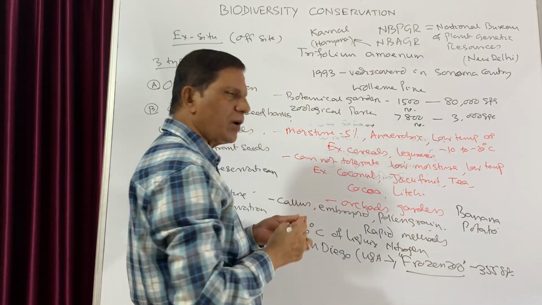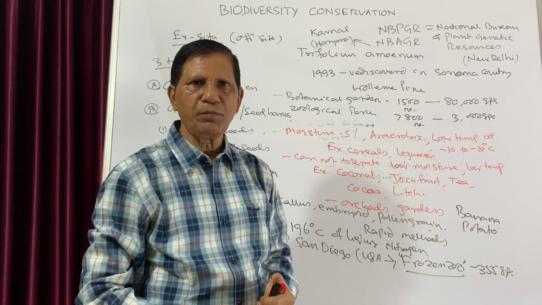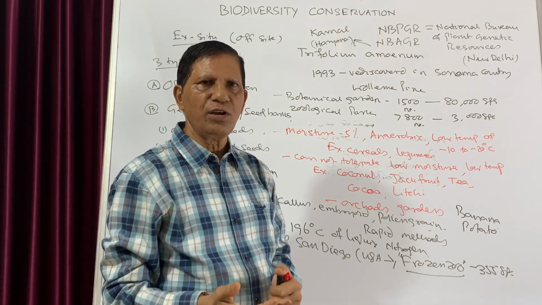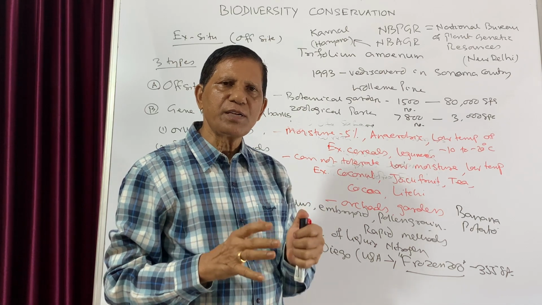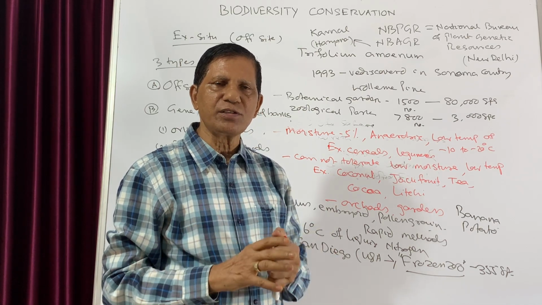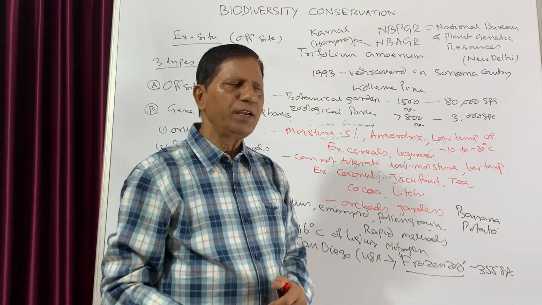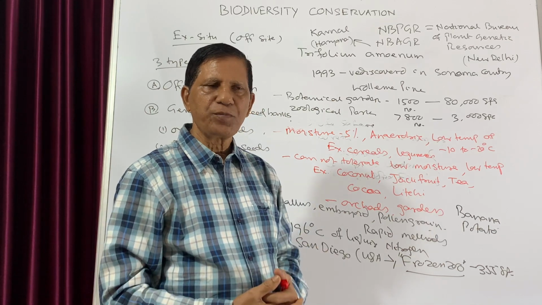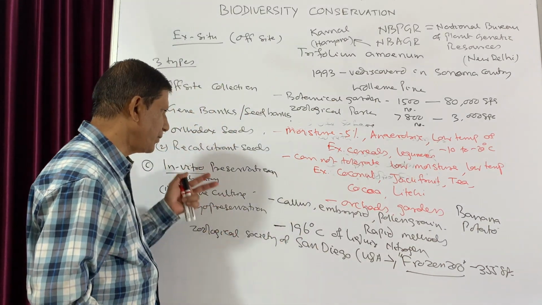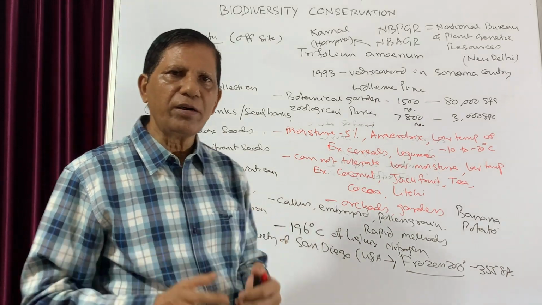So these are the two organizations, NBPGR and NBAGR, one for plants, the other for animals, where the biodiversity of different species of both plants and animals is conserved by means of cryopreservation. They even have different branches in different parts of India. So these are the different methods of ex-situ conservation by which we can conserve our biodiversity.